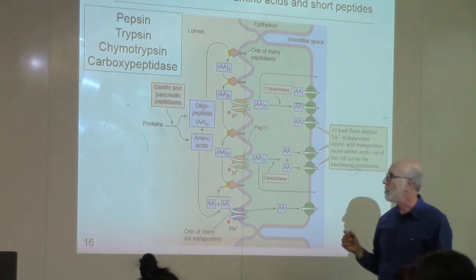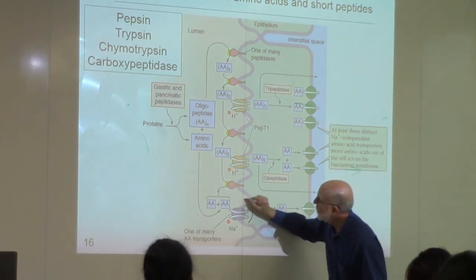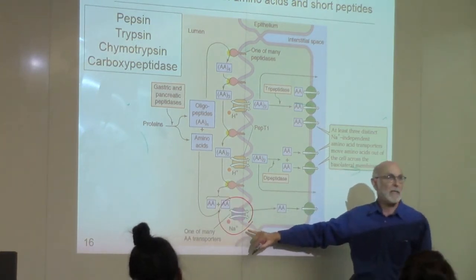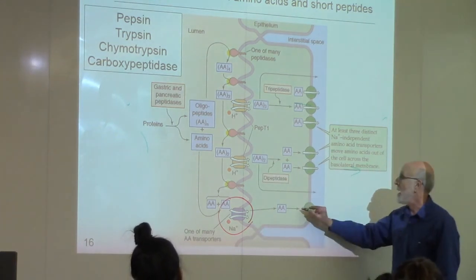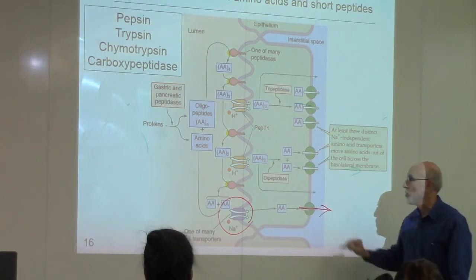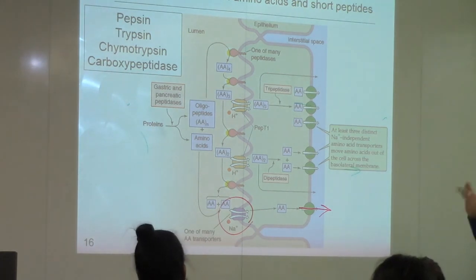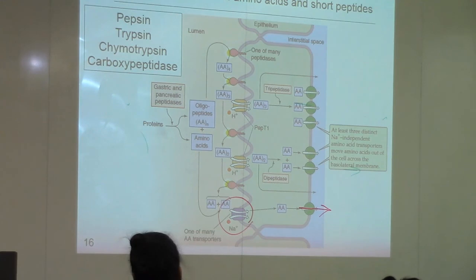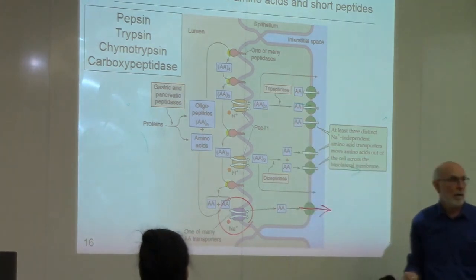This slide is more complicated than it needs to be, because the point I want you to know is that there are sodium-dependent amino acid transporters on the apical membrane and amino acid uniporters on the basolateral membrane. Nothing else matters here. We don't need to talk about the peptidases.